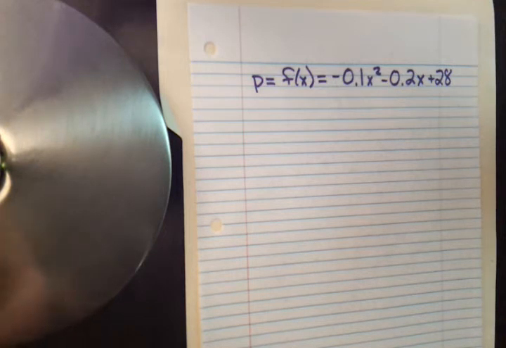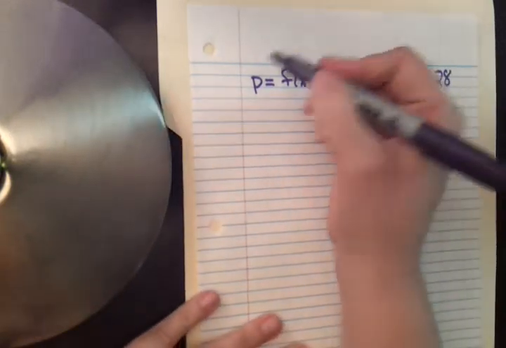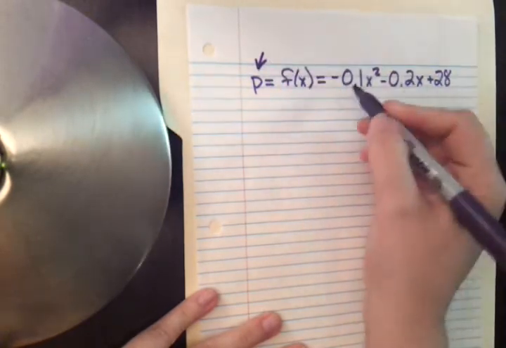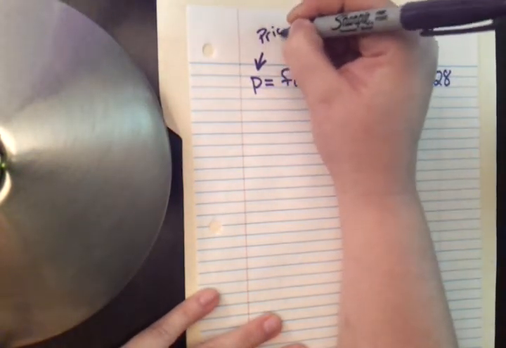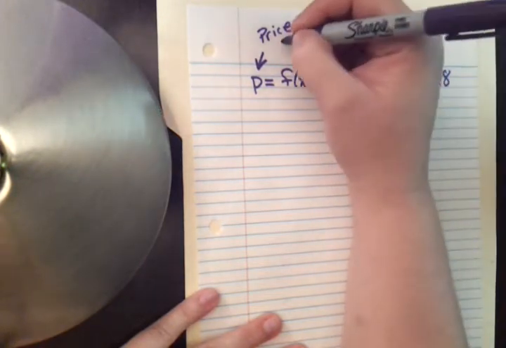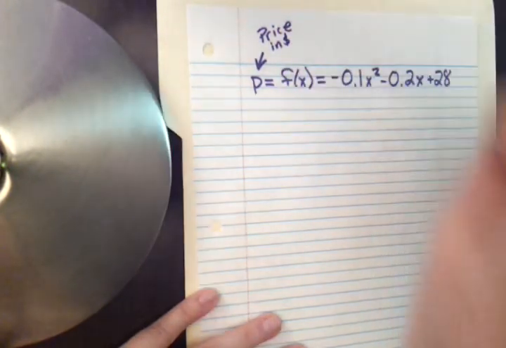So they are saying that the demand function for the luminar desk lamp is given by the following function, where X is the quantity demanded in thousands and P is the unit price in dollars. So P, whatever we would come up with if we solve this equation, is the price in dollars.